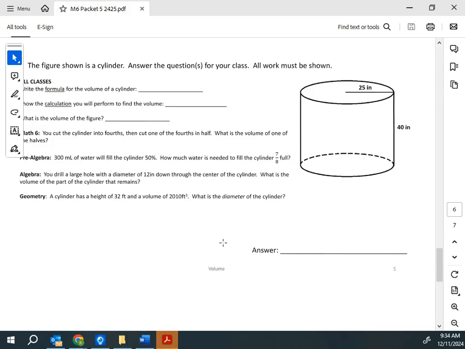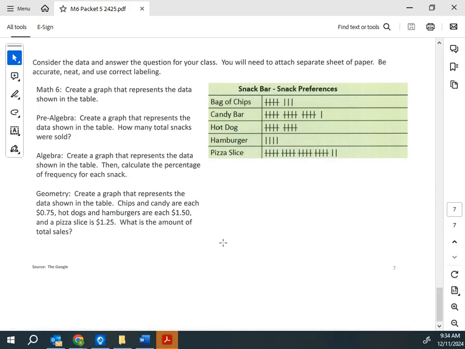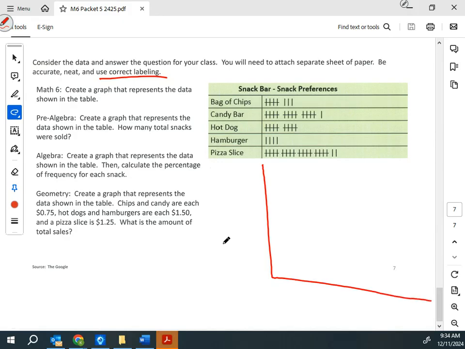Next page, we need to create a graph. Certain things we need to remember when we are writing a graph. It does say use correct labeling. So you could use this space right here. You could do it on the back side.